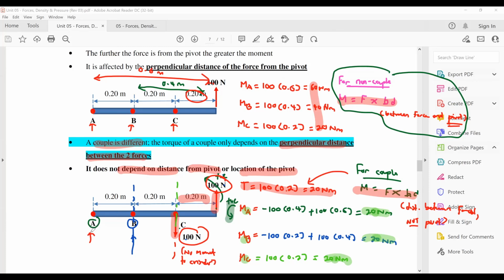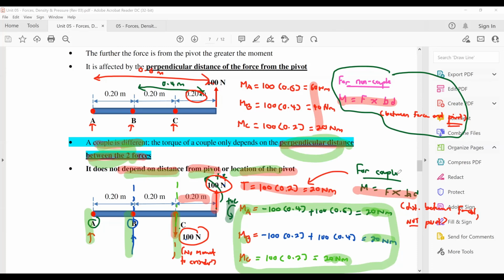Although the pivot location varies, A is here, B is here, C is here, I'm still getting the same value for all of them. That's why I mention that if you're talking about a couple, it won't depend on the distance from the pivot or the location of the pivot. It really only depends on the perpendicular distance between the two forces.